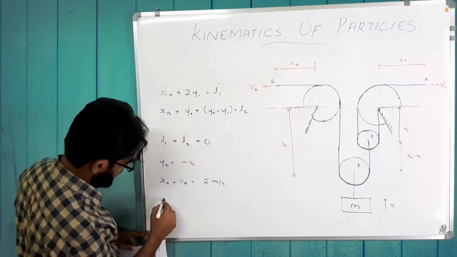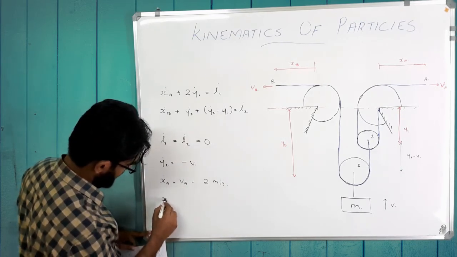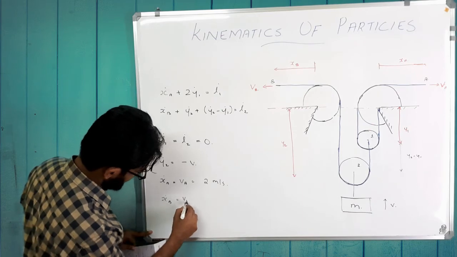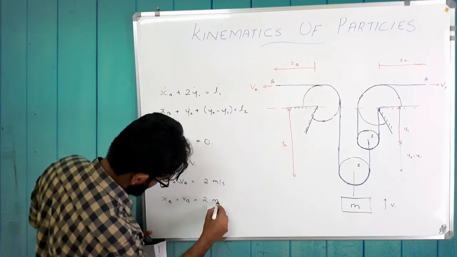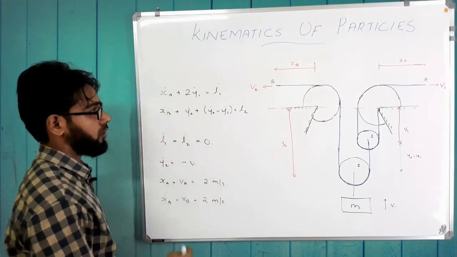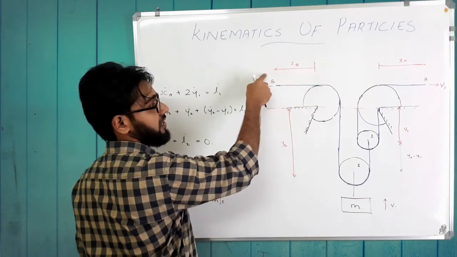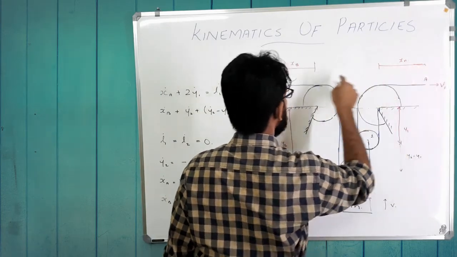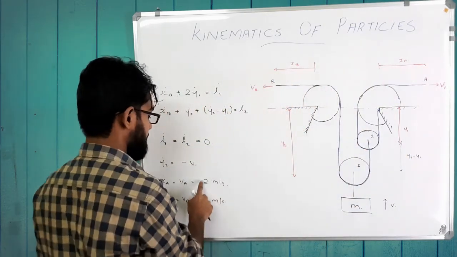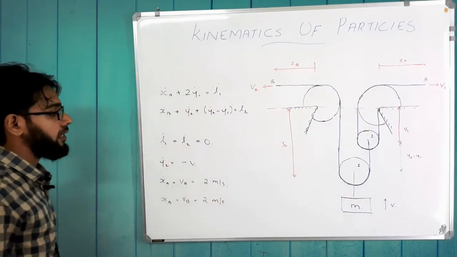Similarly, since XA dot is increasing here and XB dot is increasing here, these values will remain positive.